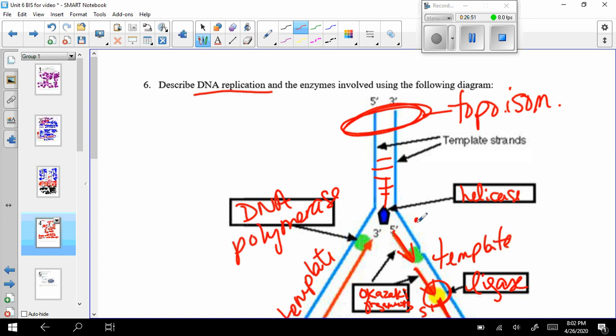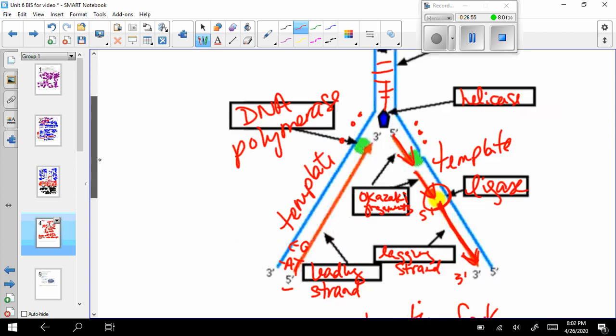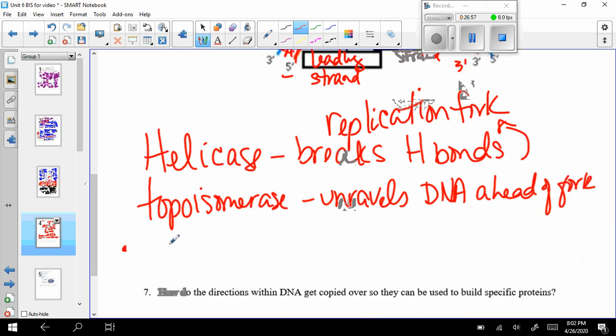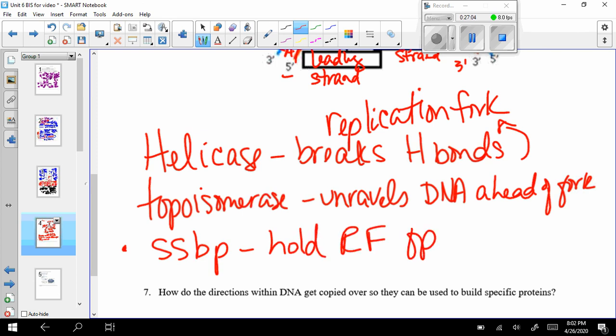And the next one is going to be along the sides here where the replication fork is forming. And so those are single-stranded binding proteins, and they hold the replication fork open. Basically, those bases would love to just go right back together. So the single-stranded binding proteins hold the fork open so that DNA polymerase can get in there and add the new nucleotides.